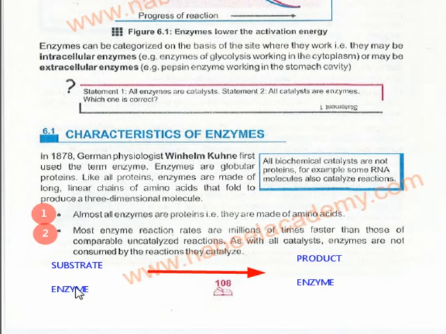The enzyme is not used; it is increasing the reaction and is not consumed by the reaction. What do you mean by the term catalyze? It means increasing the rate of reaction. Understand?